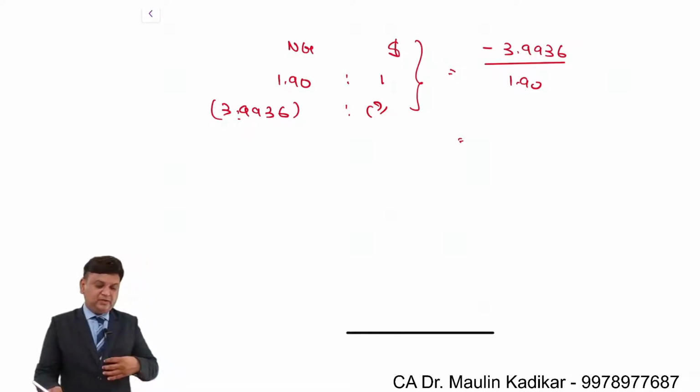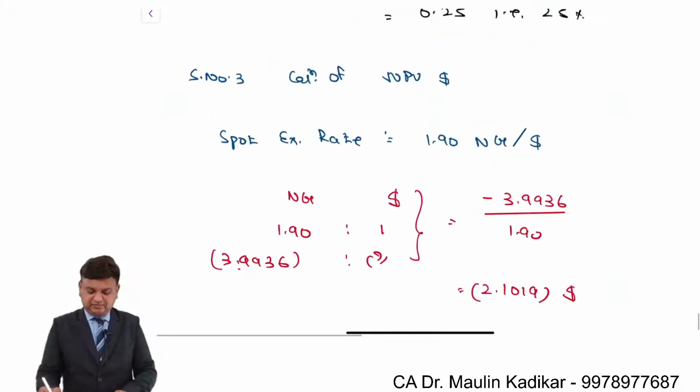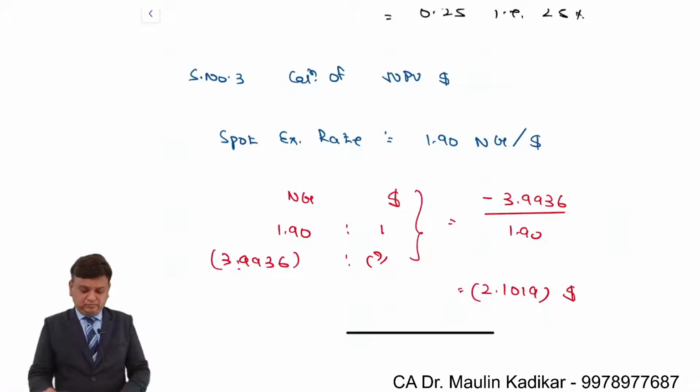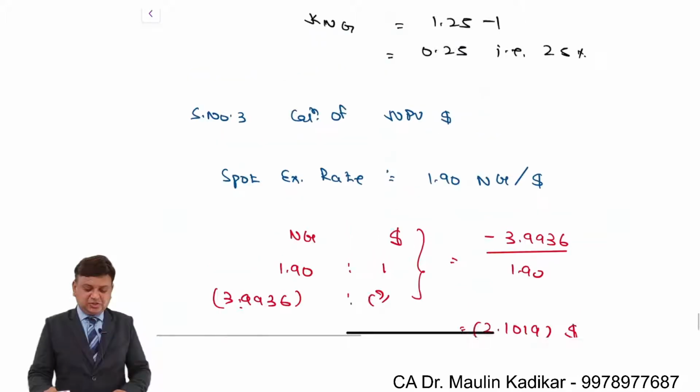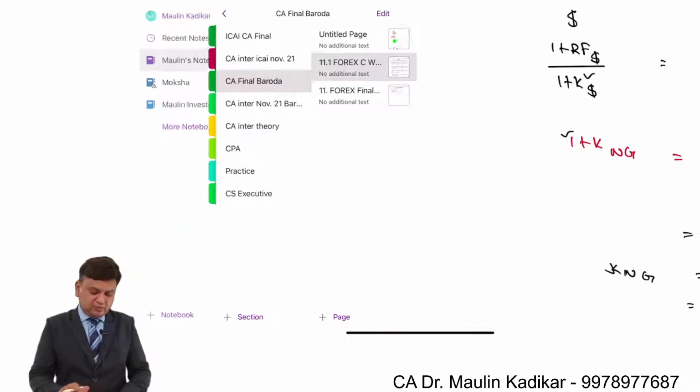So it is 2.1019. This is the negative NPV in dollar currency term. Please write an answer. So NPV will of course match, and in examination you just have to follow one of the two approaches, and of course not both of them.